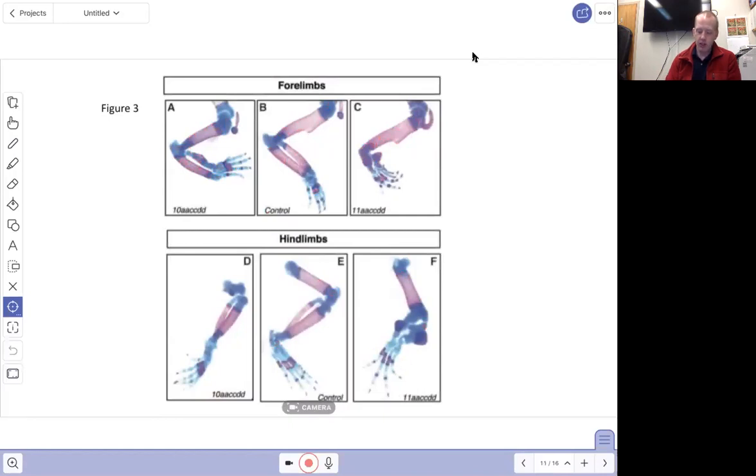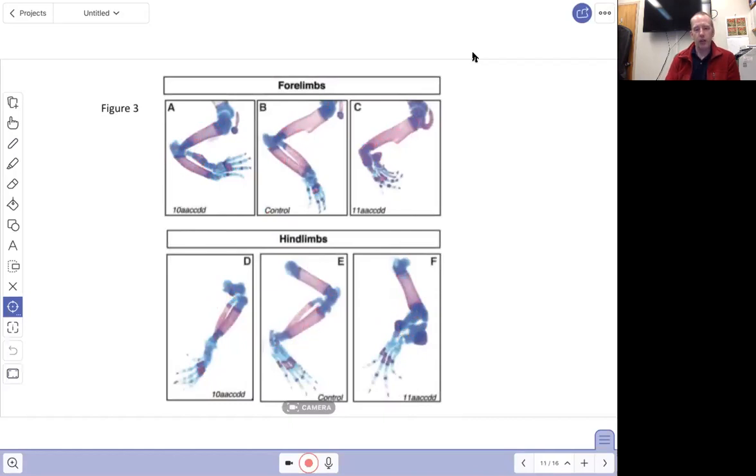And interestingly, in this case, it looks like the pattern is reversed, where the HOX10 mutant doesn't develop the upper limb, where it did in the forelimb. It was shorter, but it still developed, but it doesn't develop in the hind limb. And the HOX11 mouse maybe develops a bit of a limb, but still not like a wild type limb.